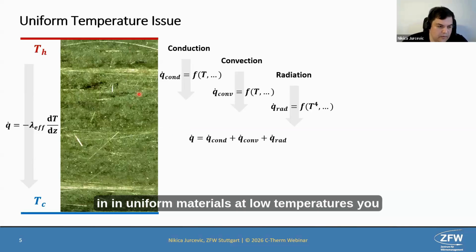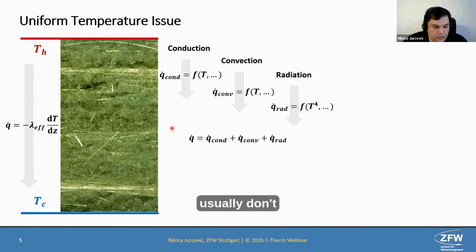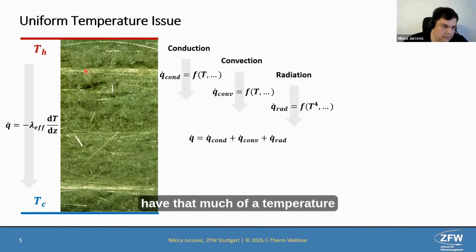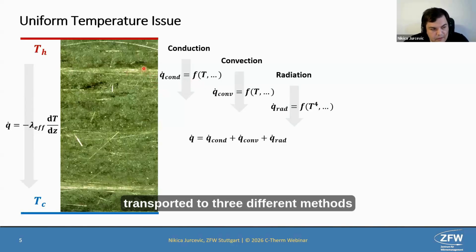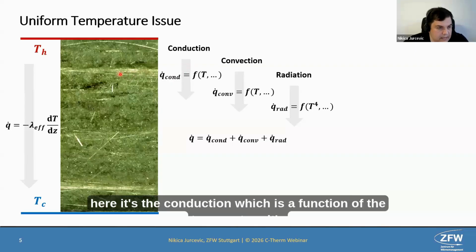In uniform materials at low temperatures, you usually don't have that much of a temperature effect, and the heat is transported by three different methods. It's the conduction, which is a function of the temperature.